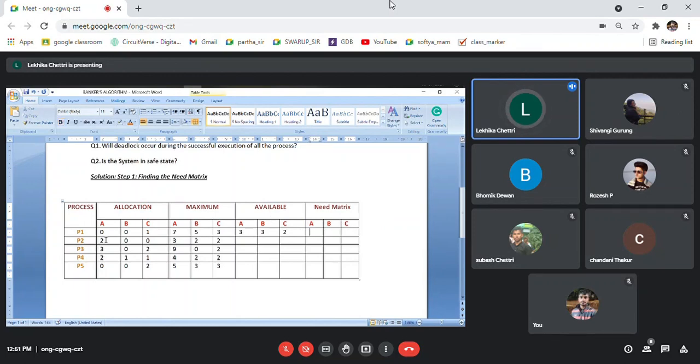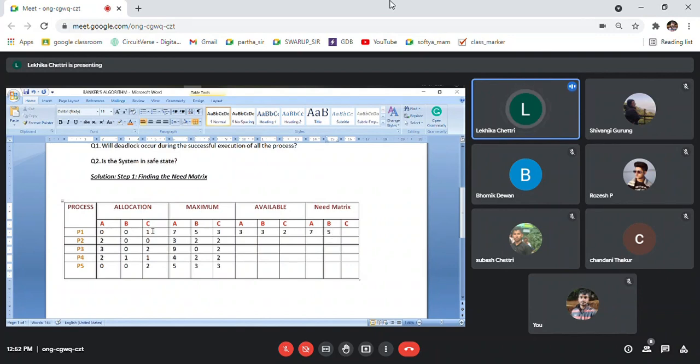Now P1 has 0 copies of A and it needs 7 copies of A. So how many more does it need? 7 only. P1 again has 0 copies of B and it needs 5 copies of B, so I perform 5 minus 0. It needs 5 more.